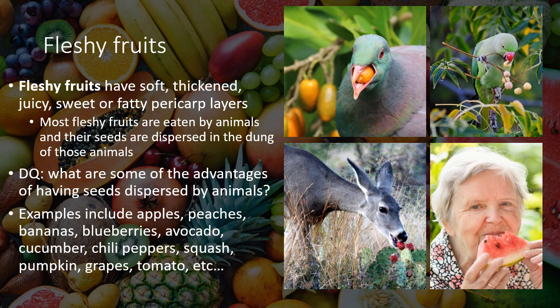Or, maybe you're a mistletoe and you have seeds which germinate on a tree branch and then plug into the tree and start to siphon off nutrients. You'll probably want a bird to eat your fruits and then defecate them on a tree branch so that your seeds can get up on a tree branch, germinate, plug into the tree, and start parasitizing the tree. So there are a couple advantages there.